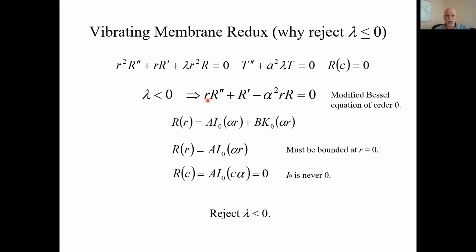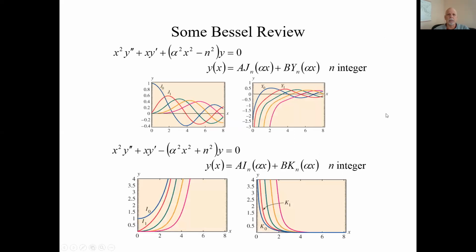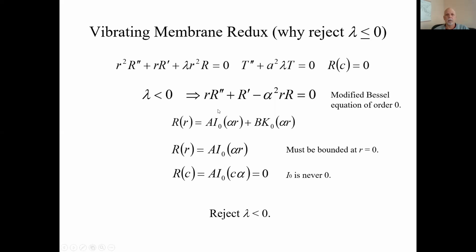You multiply it through by R, and you would see that it is a modified Bessel equation of order 0. Here it is. If n equals 0, you've just got minus alpha squared x squared y, which is what we have here. Little r plays the role of little x, big R plays the role of y. So this is a modified Bessel equation of order 0.